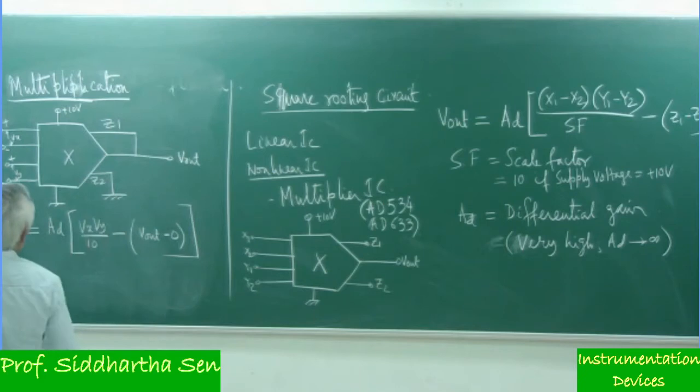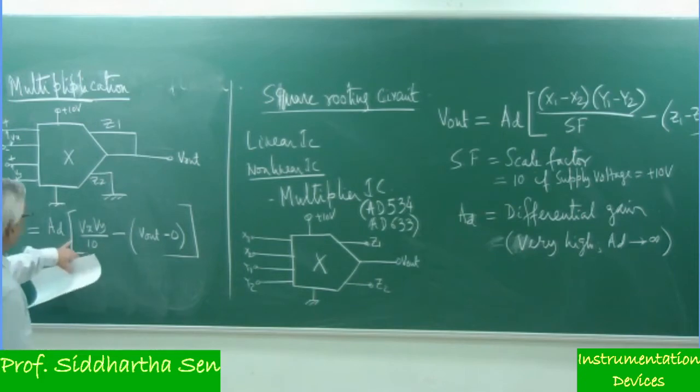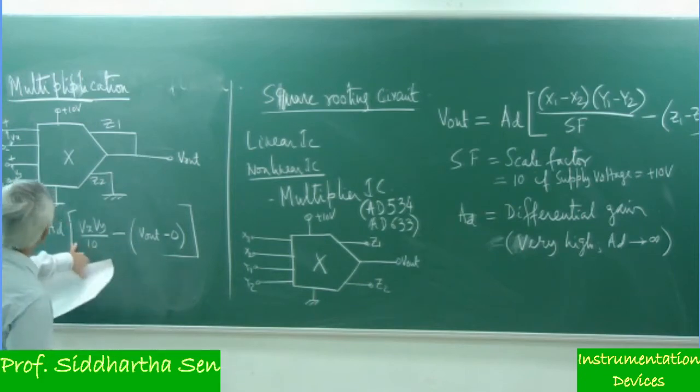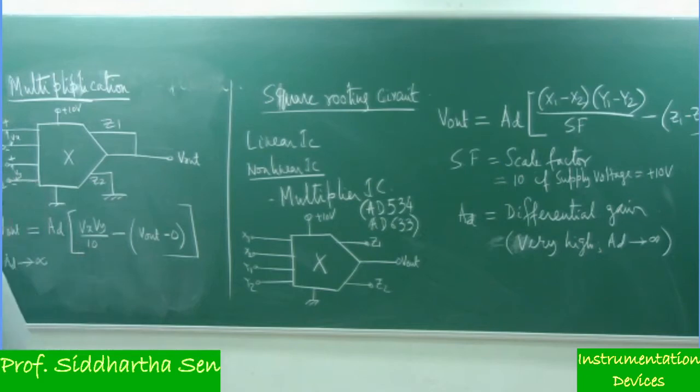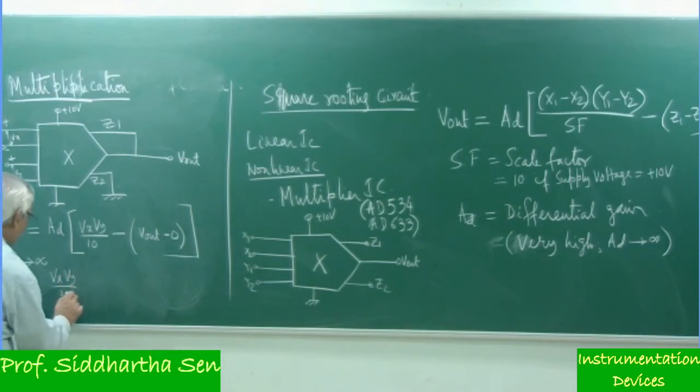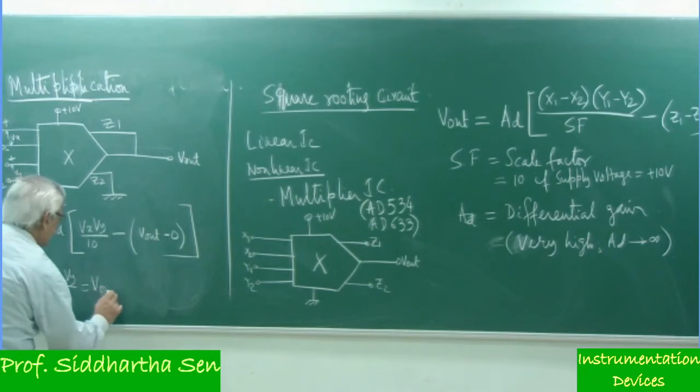But we know that AD, the differential gain, is very high. So we can say that this must be equal to 0, approximately very close to 0. So V out by AD is almost equal to 0. So what we can say is that Vx into Vy divided by 10 is equal to V out.